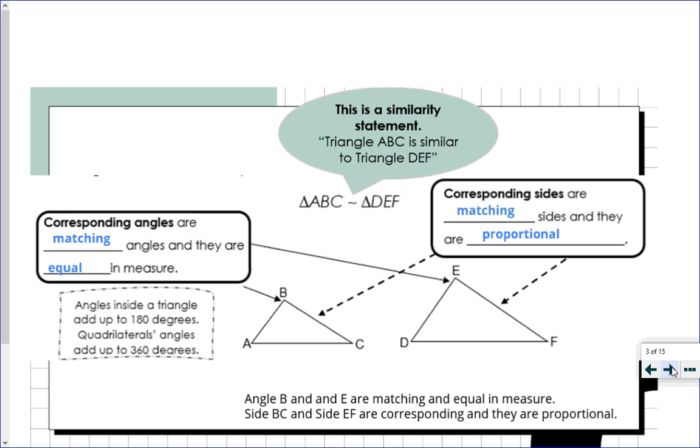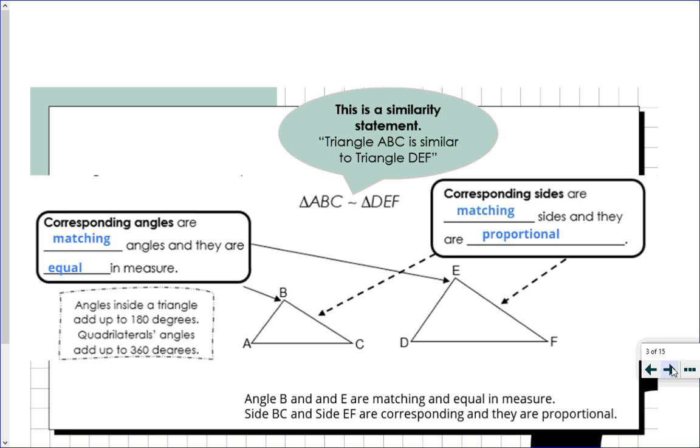So just as a reminder, the angles inside a triangle add up to 180 degrees. So since a triangle is half of a quadrilateral, like a rectangle, what do the angles inside the quadrilateral add up to? Anyone?